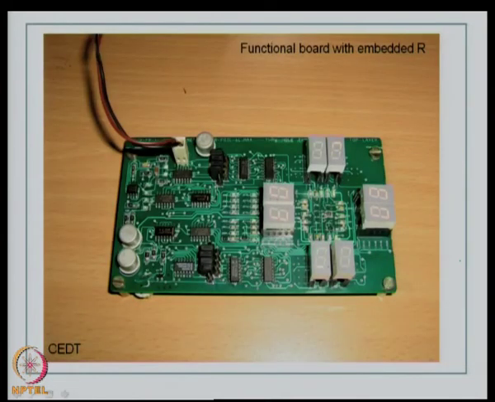So, you can see here a close up of a functional board with embedded resistors. In this particular case, you can see capacitors are mounted, there are active devices, there are other large through hole components also, but all of the resistors have been embedded into one of the inner layers.